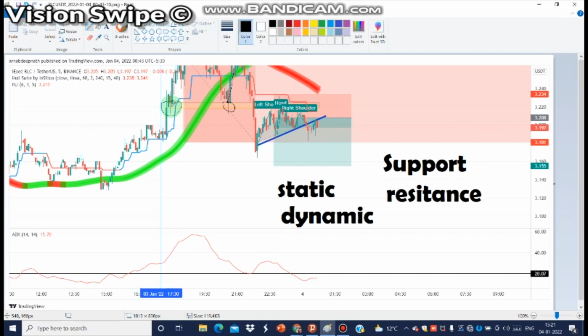So I took a bullish entry, seeing a bullish sign. But then it took another support here, made a static support here, and then went up again for a rally.